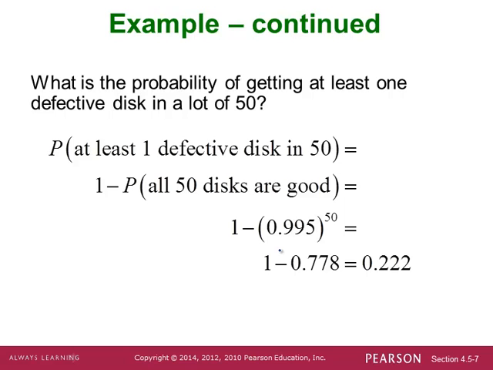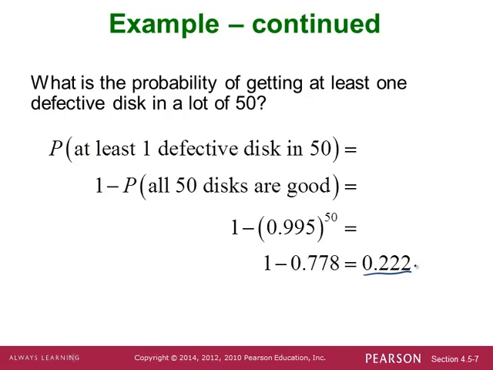So to calculate the probability of having 50 good discs, it's 0.995 times 0.995 times ... 50 times. In other words, you're going to take 0.995 raised to the 50th power. 0.995 raised to the 50th power is the probability of having 50 good discs. Subtract that from 1, and you'll end up with 0.222. Go ahead and try this on your calculator.